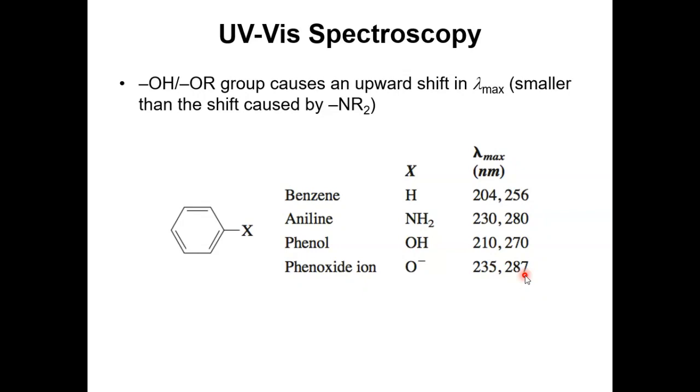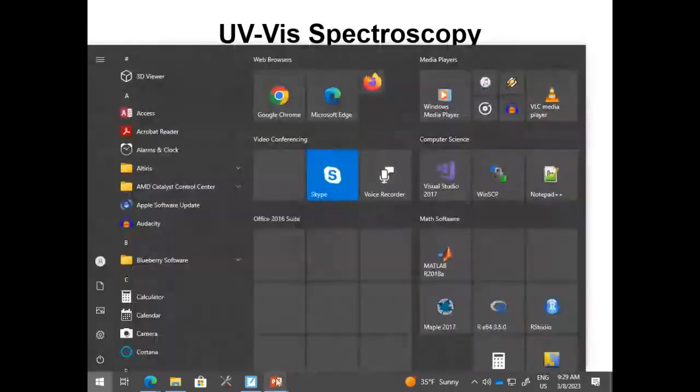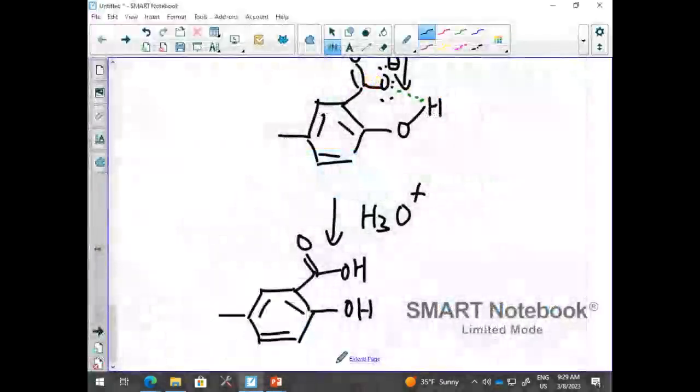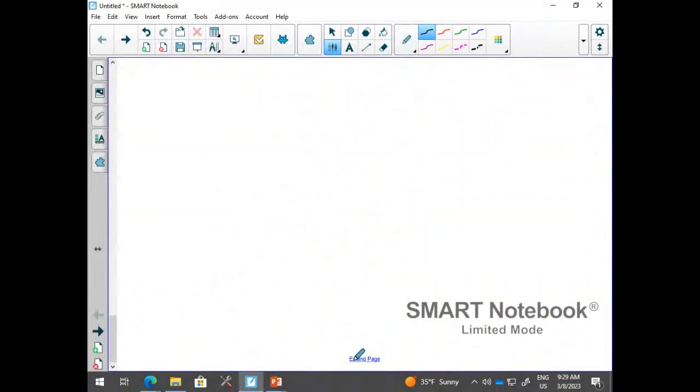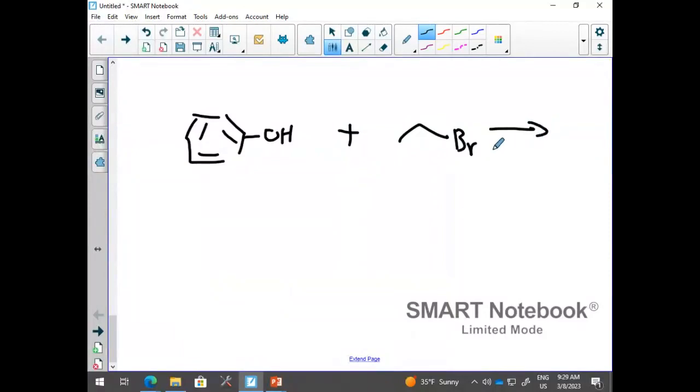If you are doing the reaction of phenoxide with an alkyl halide, say if you're doing this reaction, with acetone as the solvent and potassium carbonate, this is a reaction often done in a laboratory setting.